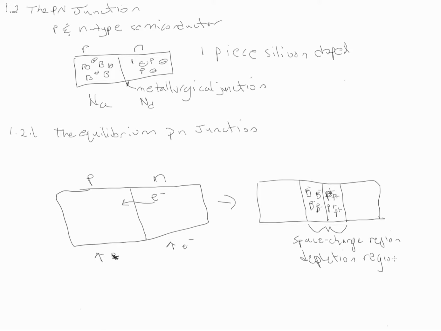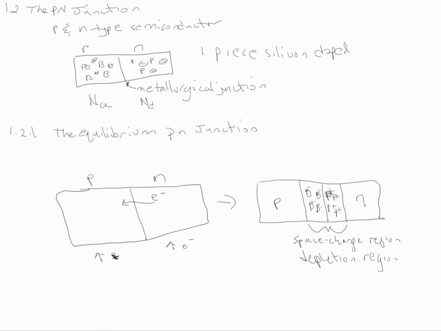And at this point, it basically develops some finite width of the space charge region. But you still, on each side, have your bulk p-type semiconductor and bulk n-type semiconductor. And then in between the two is the space charge region.